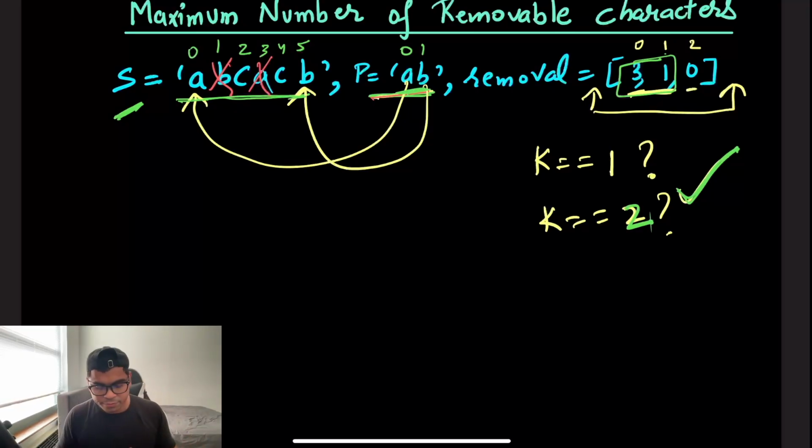After removing those characters, we check if we are able to see all of p's characters in the same order, to check the subsequence of S.